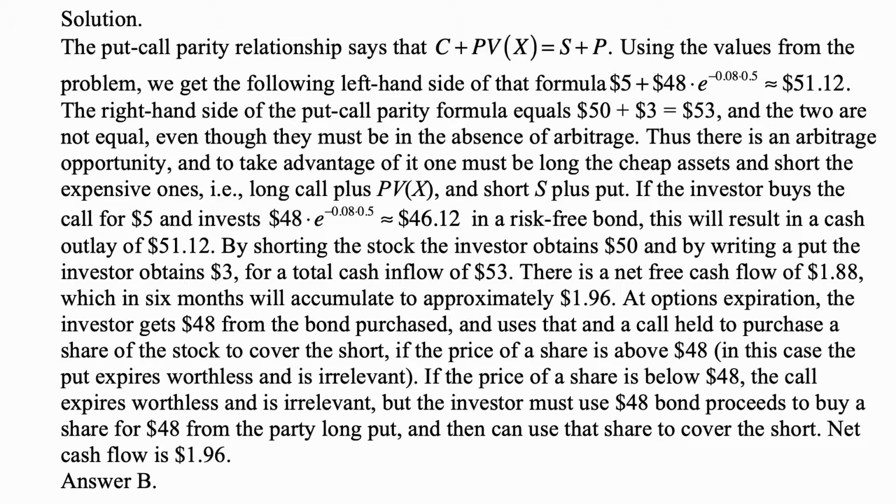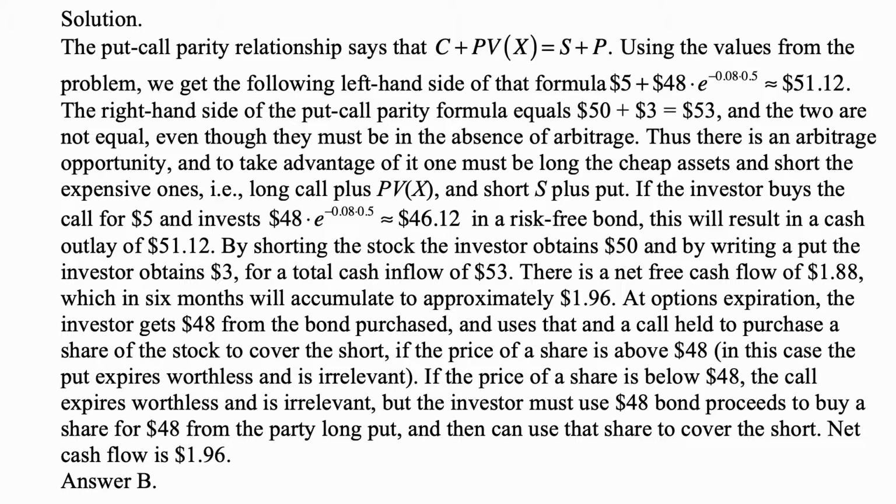Using the values from the problem, we get the following left-hand side of that formula: $5 plus present value of $48 discounted over half a year, and that's approximately $51.12. The right-hand side of the put-call parity formula equals 50 plus 3, so $53. And the two are not equal, even though they must be in the absence of arbitrage.